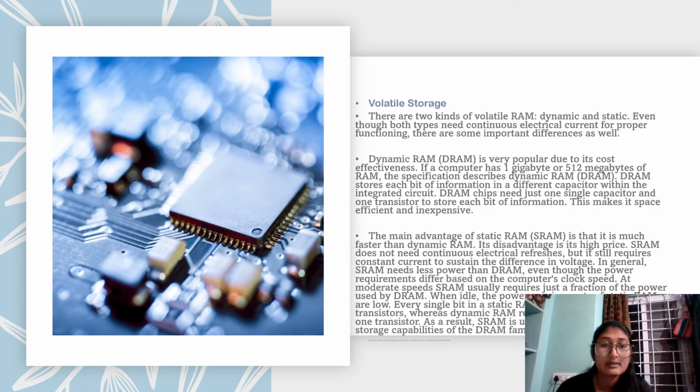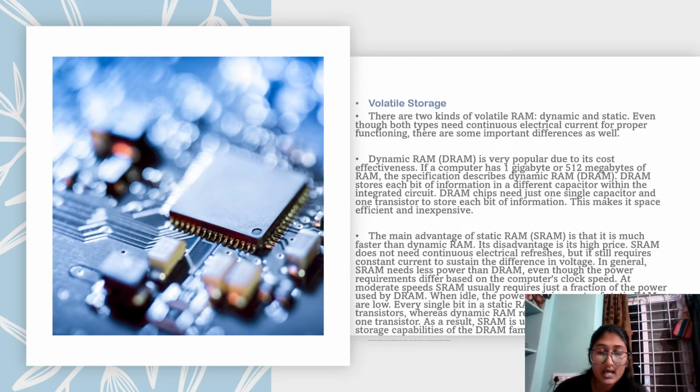There are two kinds of volatile RAM, dynamic and static. Even though both types need continuous electrical current for proper functioning, there are some important differences as well. Dynamic RAM is very popular due to its cost effectiveness.